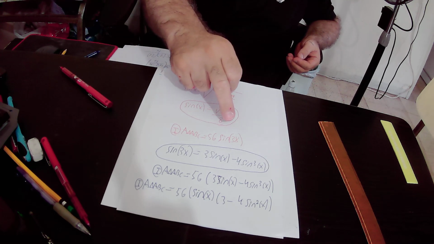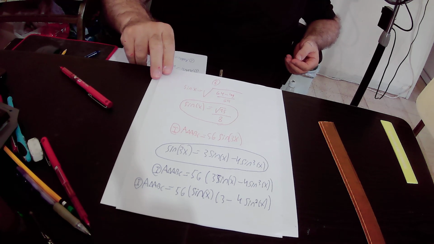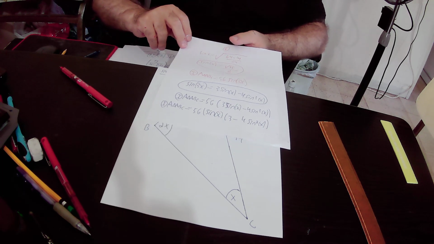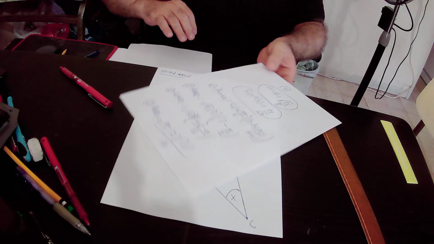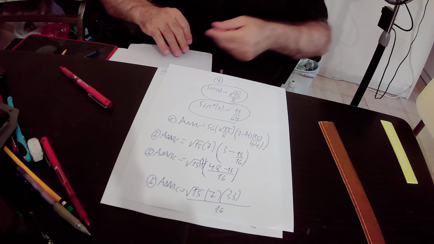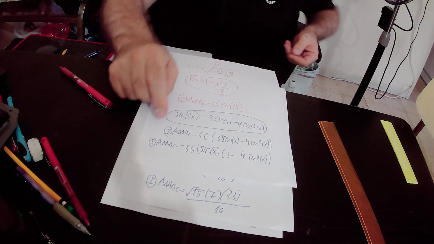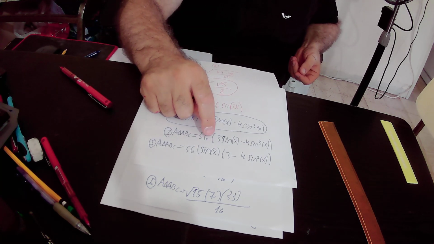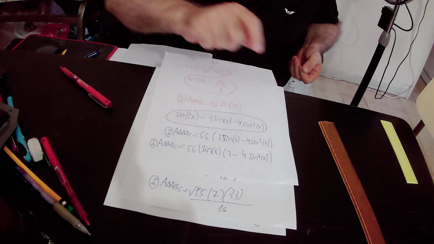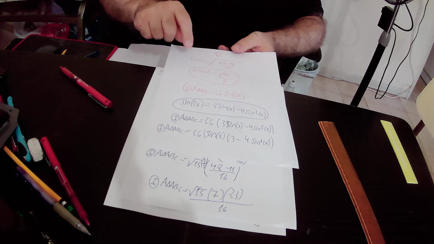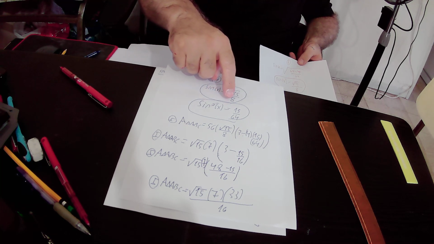So we substituted sine 3x by this expression, and we got that the area of triangle ABC equals 56 times sine x times (3 minus 4 sine square x), and we know that sine x equals root 15 over 8, and sine square x equals 15 over 64.